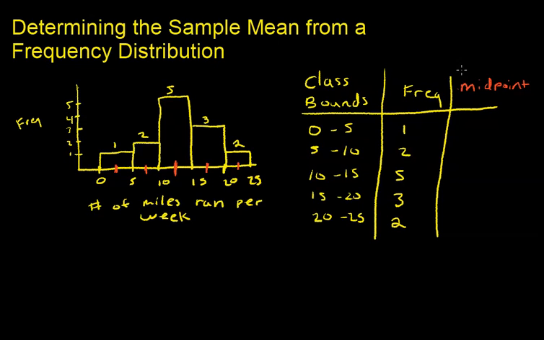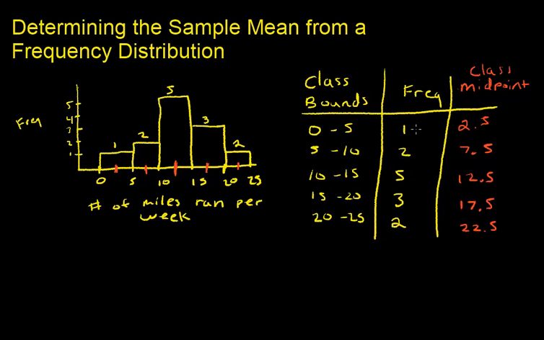Remember, to calculate the class midpoint, you take the lower plus the upper, divided by 2. So take the sum of the bounds and divide it by 2. That'd be 2.5; 10 plus 5 is 15, 15 divided by 2 is 7.5, and this is 12.5. 15 plus 20 is 35, 35 divided by 2 is 17.5, and then 45 divided by 2 is 22.5.